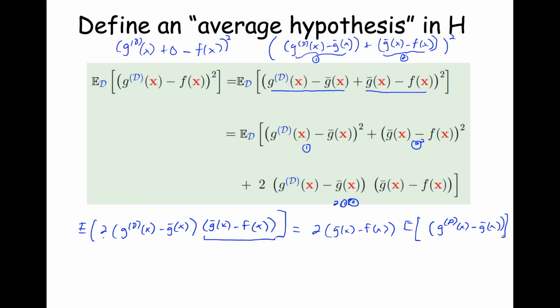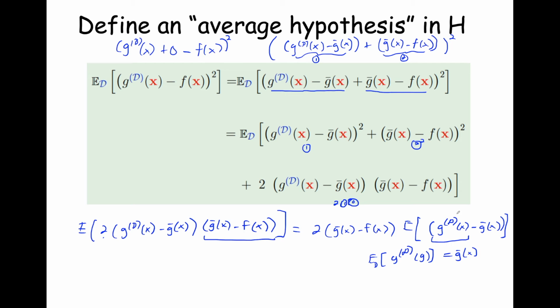Okay. Now, again, I have the expectation of the sum, and subtraction is just adding the negative, so it is the sum of the expectations. The expectation of this first term is just the expectation of g script D of x with respect to the data set. And what is that? From the previous slide, that's nothing more than just g bar of x.